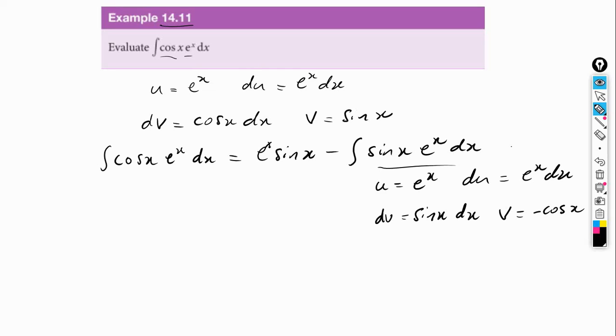So we have u times v. Let's not forget the negative sign in front of all this. So it's going to be e to the x times negative cosine of x, so we have to put that negative there in front, minus the integral of v du, right? So that's going to be negative cosine of x, but let's just make it positive, cosine of x, and e to the x dx.